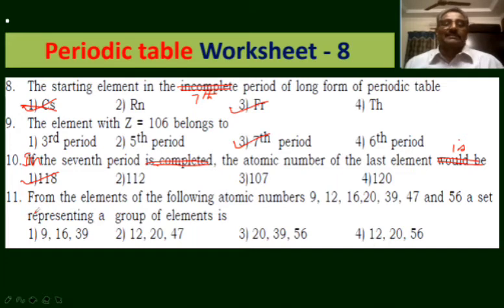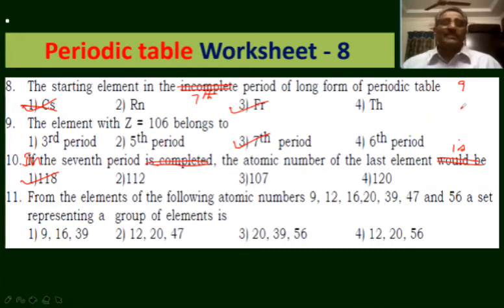11th question. From the elements of the following atomic numbers 9, 12, 16, 20, 39, 47 and 56, a set representing a group of elements is dash. A set representing the group of elements. Let us take the first option.